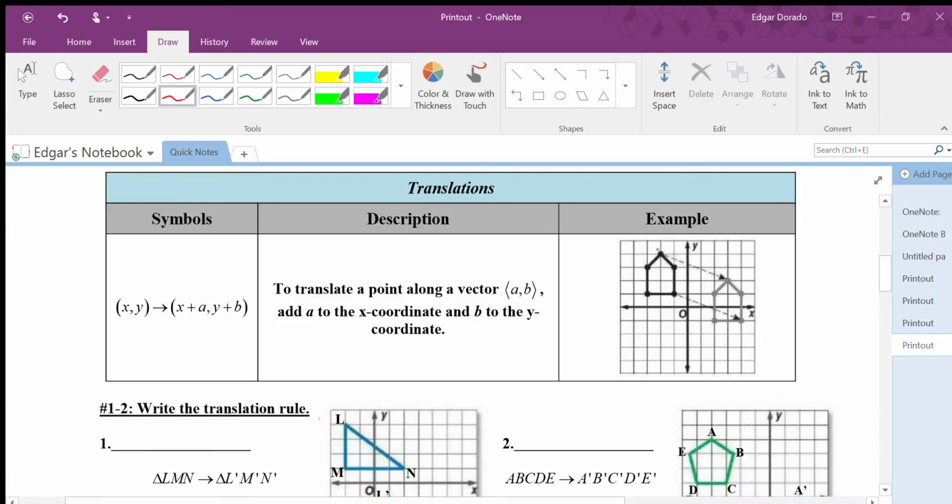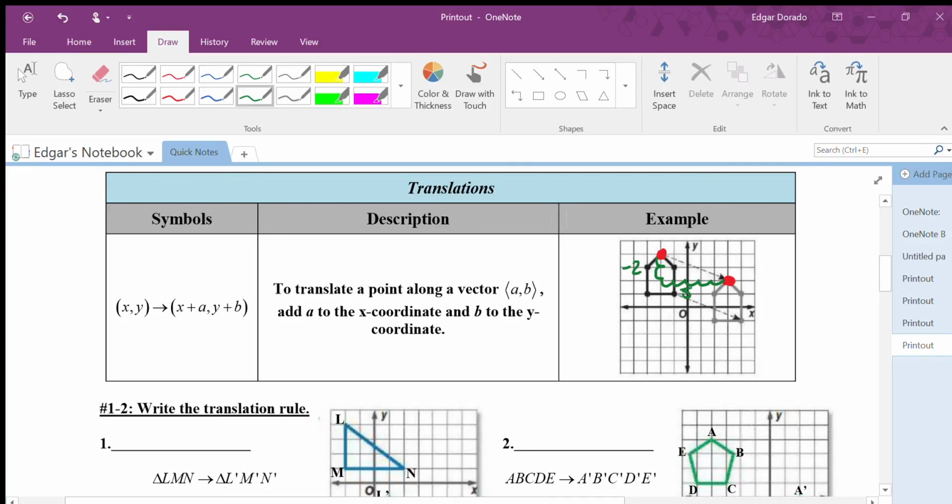I'm going to take this point right here. Look at my example, guys. To get from that point to that point, notice my translation vector. I need to know in what direction I went. I went down 2 and to the right 1, 2, 3, 4, 5. So down 2 and to the right 5.